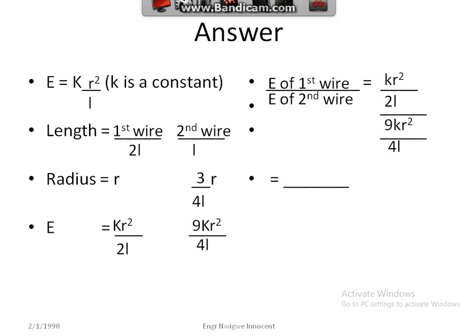When there is division, what is in the denominator will come to the numerator, and what is at the numerator will go to the denominator. Then we have K r squared times 4L all over 2L times 9K r squared, which, if we cancel out, leaves us with 2 over 9. Therefore, the ratio is equals to 2:9.